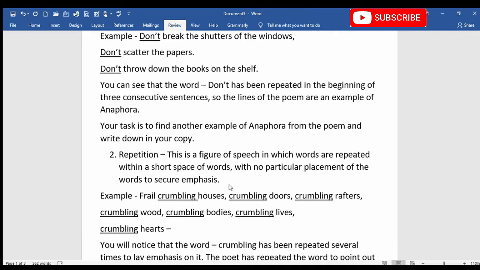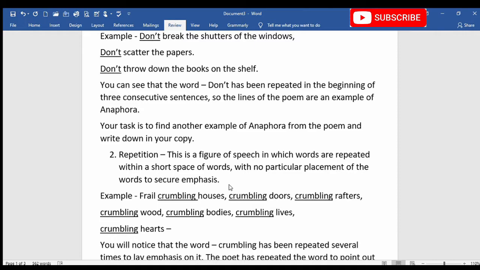And the same thing is done by the poet also. He repeats certain words when he writes a poem, just to put emphasis on the word, just to show how important that word is, and that it is conveying a message to us. For that he does it.